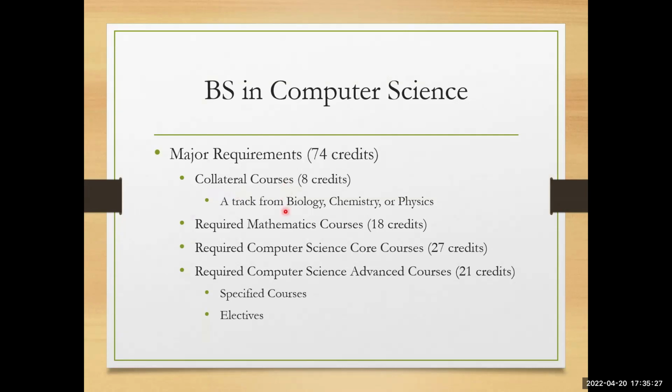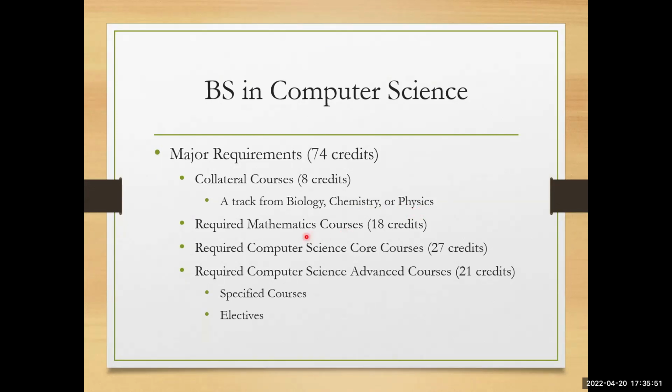You can choose biology or chemistry or physics. You need to take 8 credits within any one of these tracks. Typically you need to take 2 biology courses, 2 chemistry courses, or 2 physics courses.